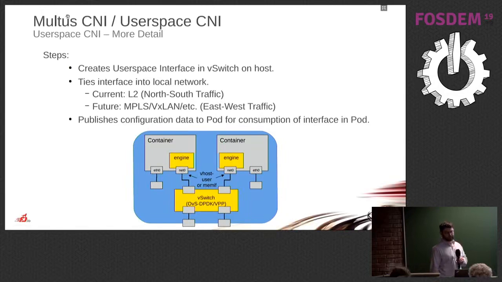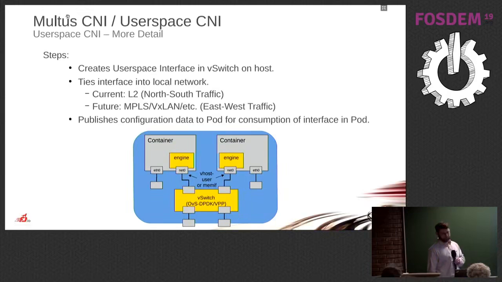What it does when the CNI is called is it goes in using the Go API and calls the local vSwitch to create the interfaces locally on your local vhost. For VPP, it uses the Go VPP portion of it that was discussed earlier.